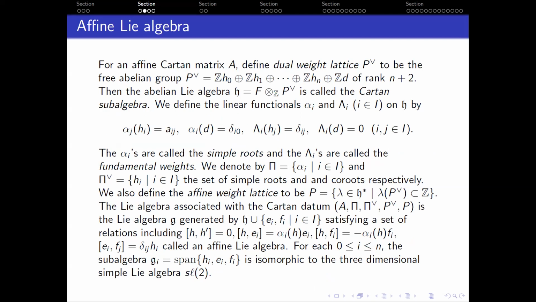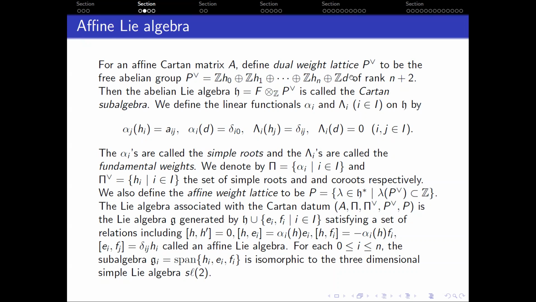Now, for an affine Cartan matrix, we define the dual weight lattice to be the free abelian group generated by H0, H1 up to Hn. Now, because the Cartan matrix has corank 1, it has nullity, we have to extend this to include one more element for technical reasons.